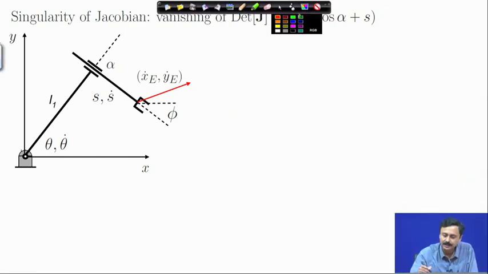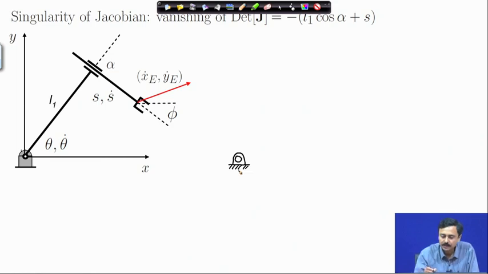Now, to understand that, let me draw the manipulator.